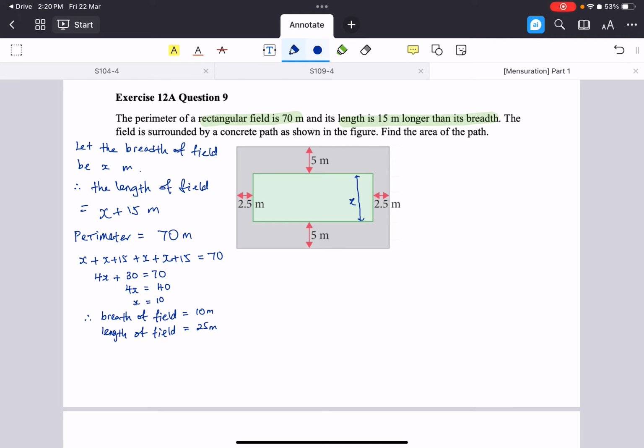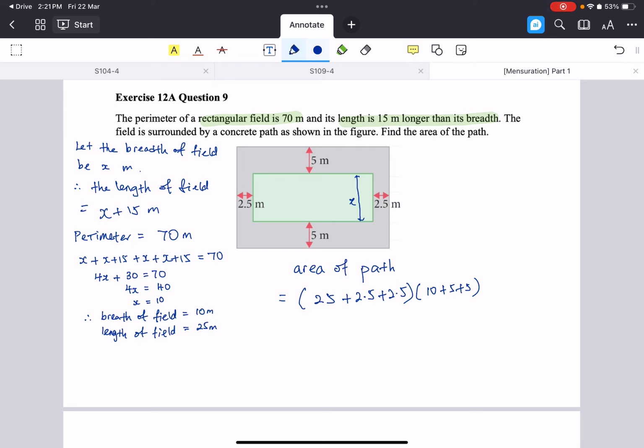Now we need to look at the entire area, including the concrete path. So let's see. Therefore, the area of path equals, now the larger rectangle is made out of the length and breadth. So we have in this case 25 plus 2.5 plus 2.5. That will give me the entire length of the whole area. And then the breadth is going to be 10 plus 5 plus 5.